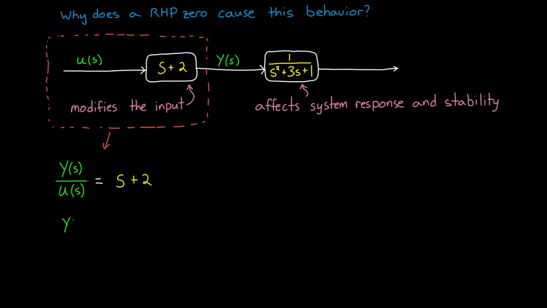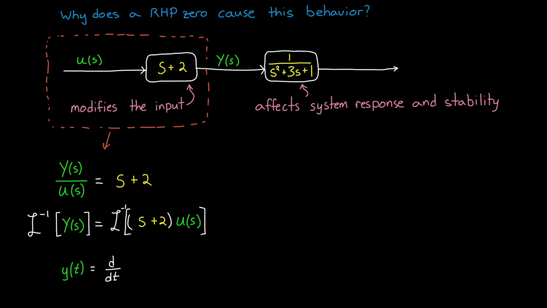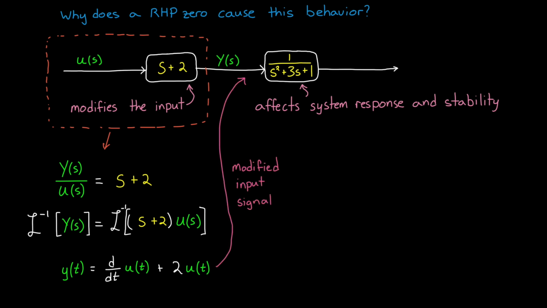And if we take the inverse Laplace transform of the numerator so that we can see what this is doing in the time domain, we get that the output of this function is the derivative of the input plus 2 times the input. Therefore, we double whatever the input signal is and add to it its derivative to get the modified signal. This modified input signal is then the input into the remaining transfer function.